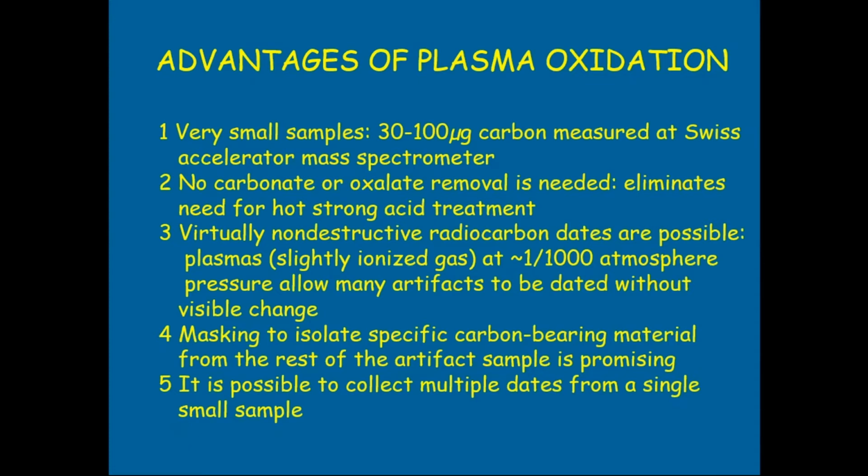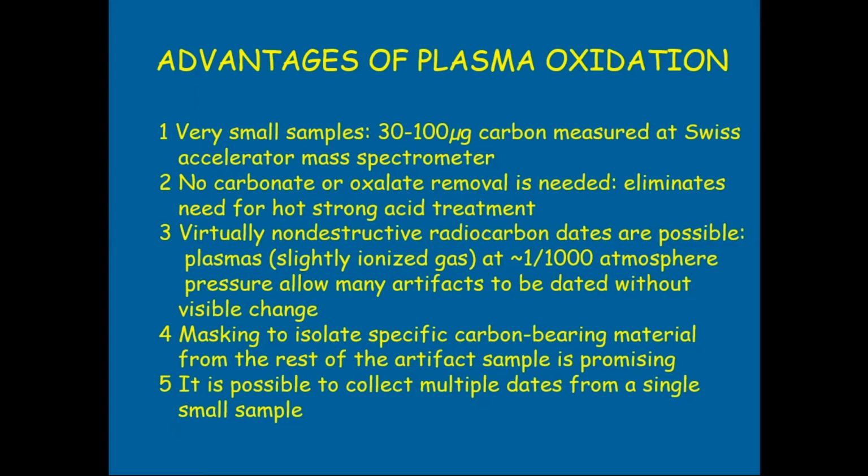So we can put something like a turkey feather in the system and take enough carbon out to do 4 radiocarbon dates and can't tell that there's been any change to the feather, for instance, or a piece of corn or a piece of wood or whatever the artifact may be.